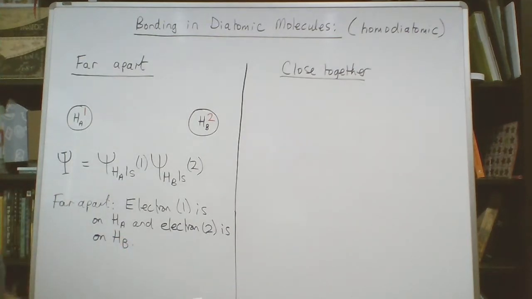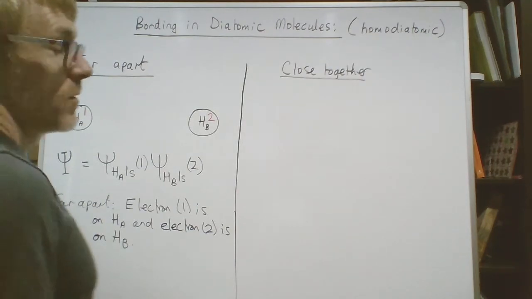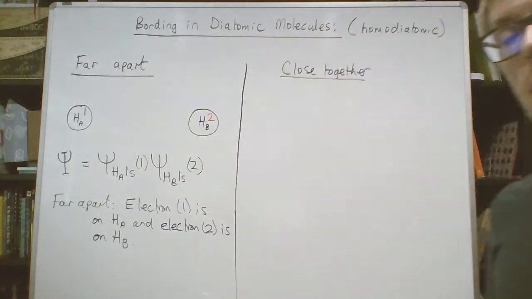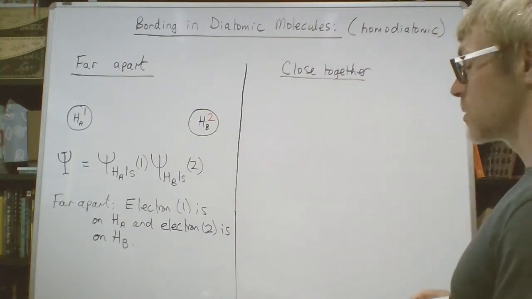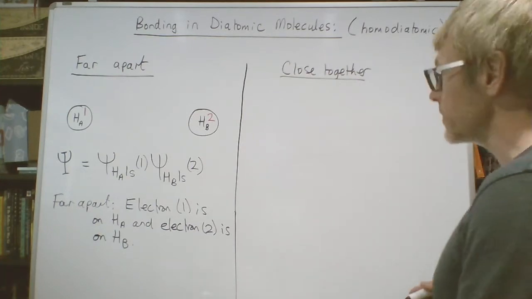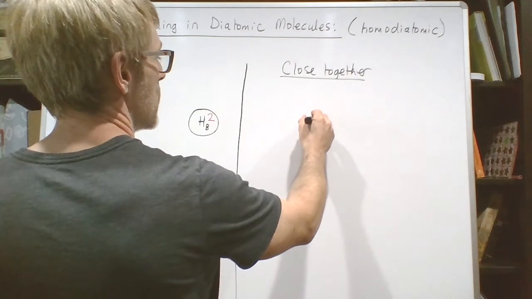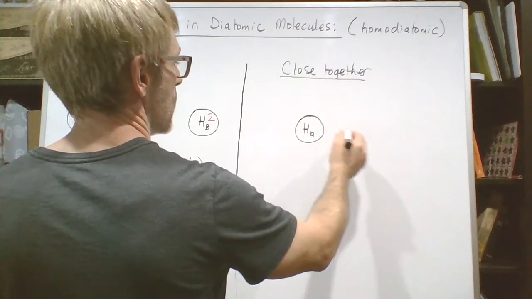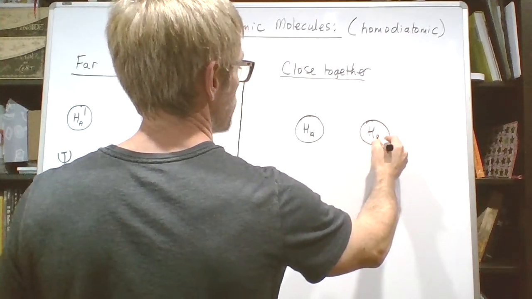However, things can change when they're close together. For one thing, if they're close together, they can form a bond, but we're going to see the argument that would be behind them forming a bond. So when they're close together, we'll physically draw them closer together, HA and HB.